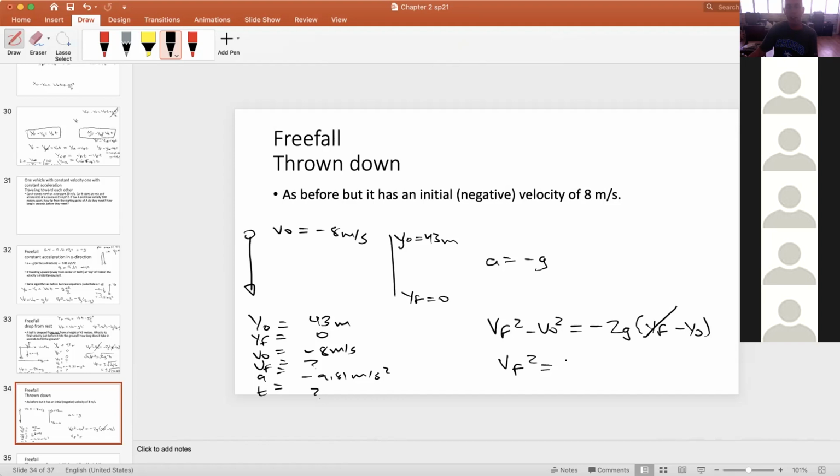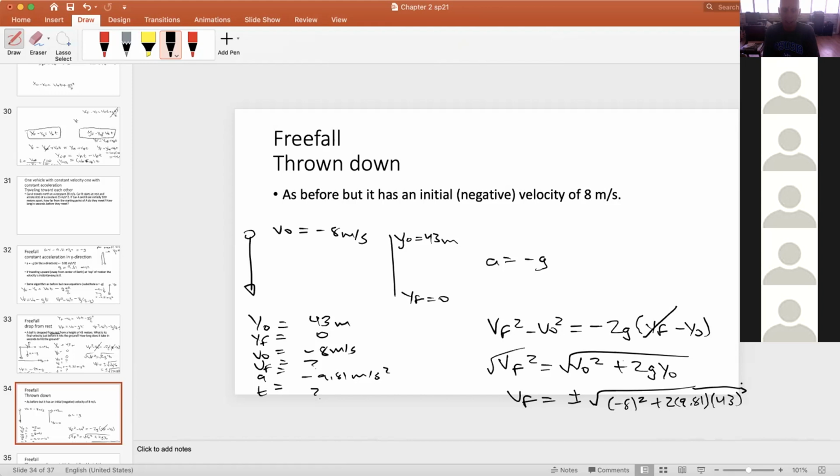So this is v final squared. Move it over, add v naught squared to both sides. Minus 2g, but it's minus 2g times minus y naught. And then taking the square root. So now v final is plus or minus the square root of v initial squared, which was negative 8 squared, plus 2 times 9.81 times 43.